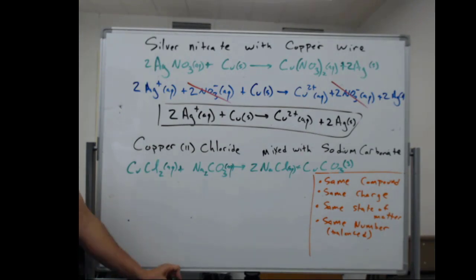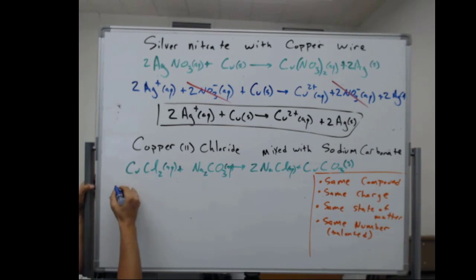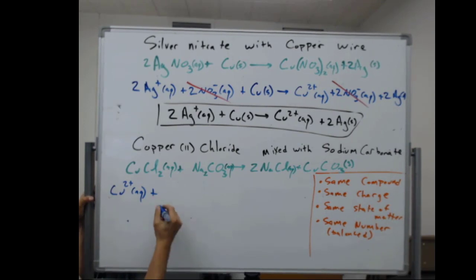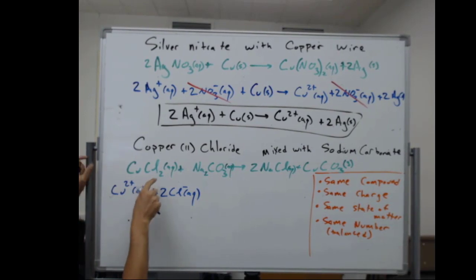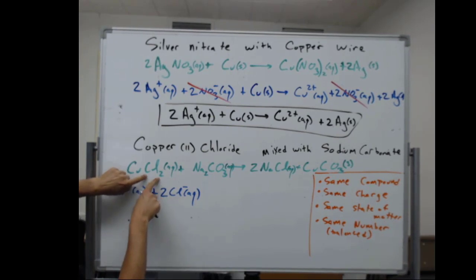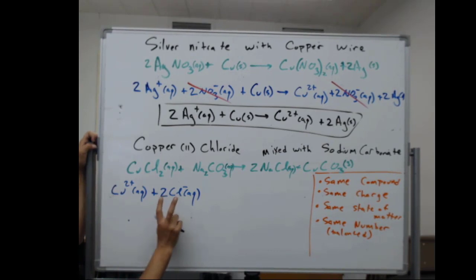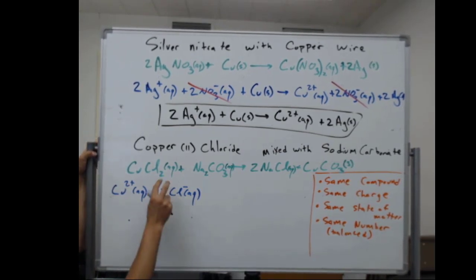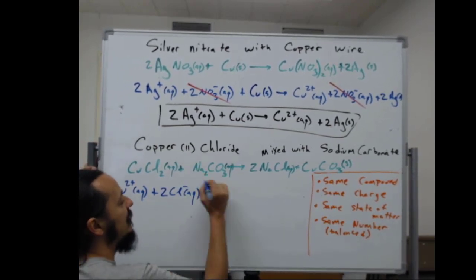From this, we can go ahead and write our total ionic equation. The aqueous ionic bonds break, so we're going to have Cu2+ aqueous plus 2 Cl- aqueous. Notice this is not Cl2 bonded to copper. This is 2 Cl- ions ionically bonded to copper, so there's not a covalent bond there. So I'm going to have 2 ionic bonds dissociated in the aqueous solution, so I get 2 Cl- from that. Same thing happens here with the sodium carbonate.